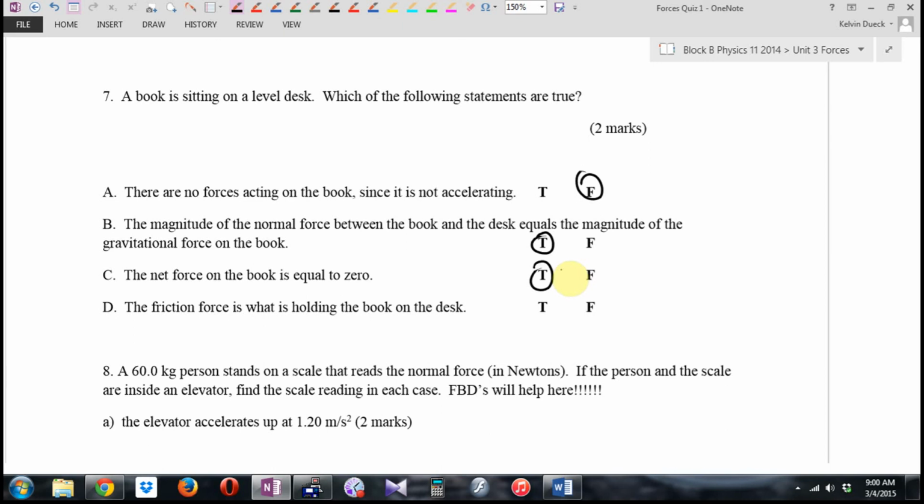So is friction holding it on? No! And that would be a great, if I'd asked you to explain your answer, that'd be a brilliant explanation. Well, you know what? Stuff sits on ice just fine. Now, if the desk was slanty, that's a whole other matter, but they haven't mentioned that. Oh, I put that word in there for a reason. So friction, no. Half mark for each of those.